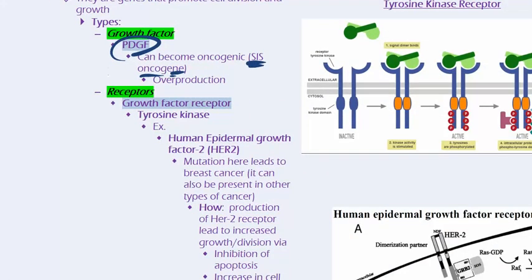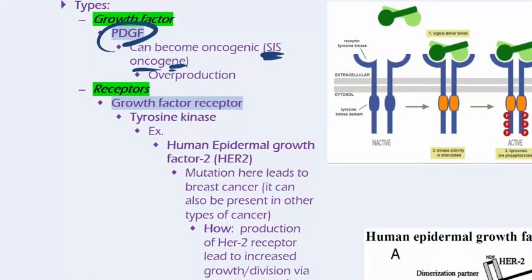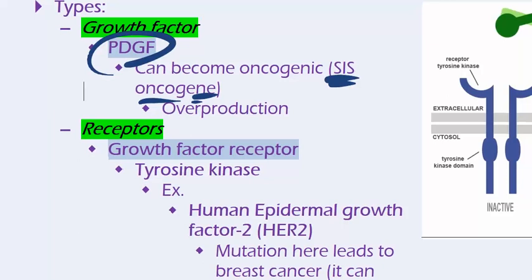So we talked about the growth factor. What's the cis oncogene? That's what we're kind of talking about. Does someone want to Google this and tell us what it is? Because that would actually help us. You can speak up so we can benefit. Oh, it's the simian sarcoma virus. Okay, that's cool.